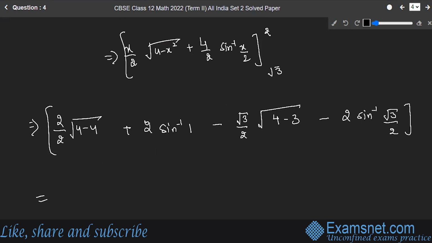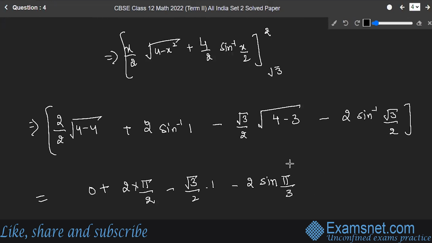Now this is equal to 0. Sine inverse 1 is pi by 2. Minus root 3 by 2 into 1, minus 2 sine inverse. What is the value of sine inverse root 3 by 2? This is pi by 3.